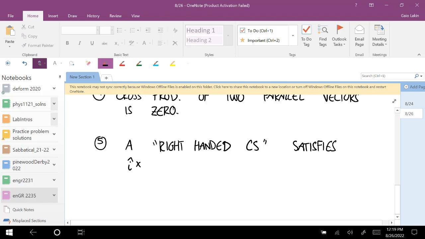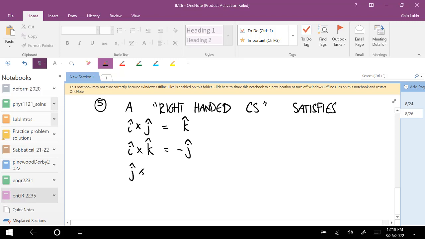The x-axis crossed with the y-axis is equal to the z-axis. The x-axis crossed with the z-axis is the negative y-axis. That's the y-axis always being the weird one again.